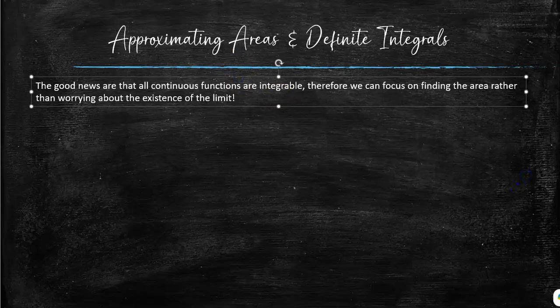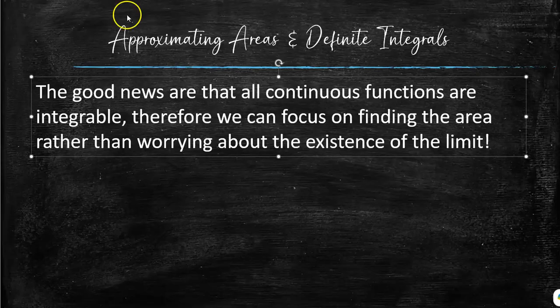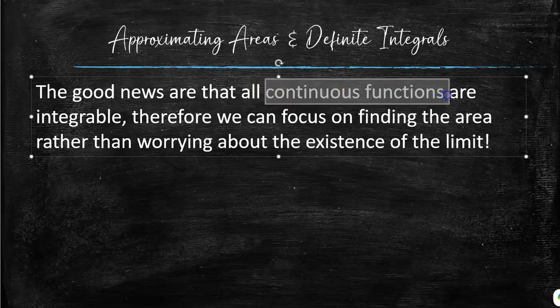That big if was whether that limit exists, regardless of the representatives. Now, this statement tells us that that limit will exist for all continuous functions, and we don't have to worry about the existence. Now that we know that, we can focus on actually finding the area.